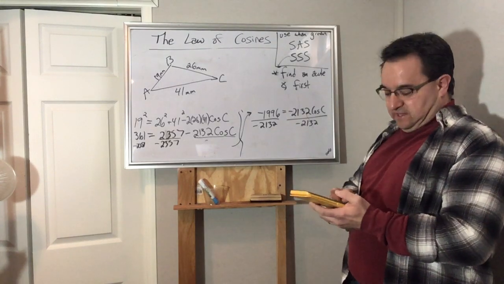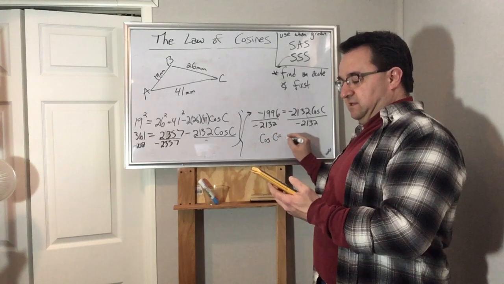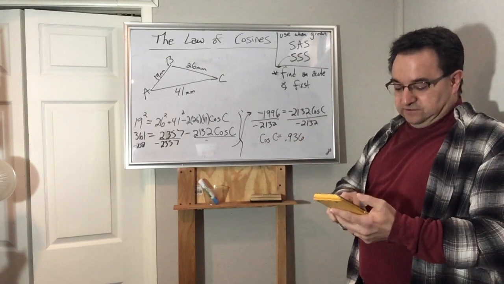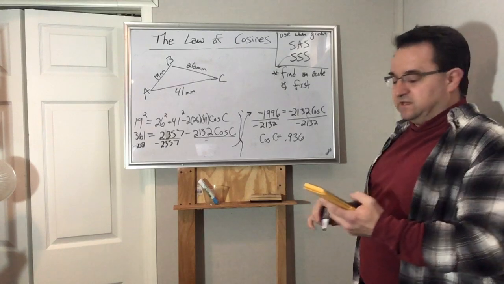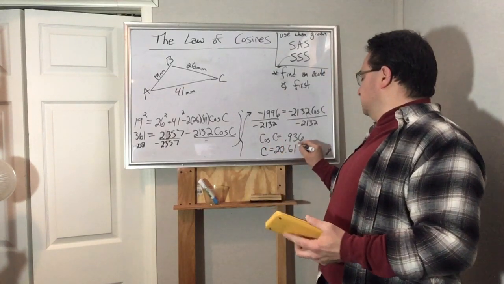Notice the negatives cancel. And I get cosine C is 0.936. And now I inverse cosine 0.936. And I'm getting angle C is 20.61 degrees.